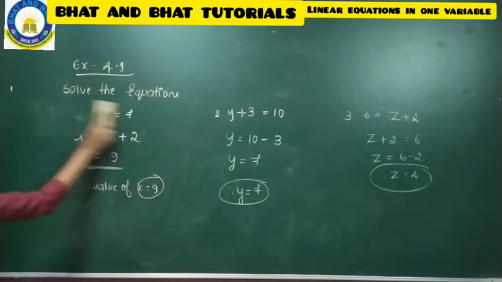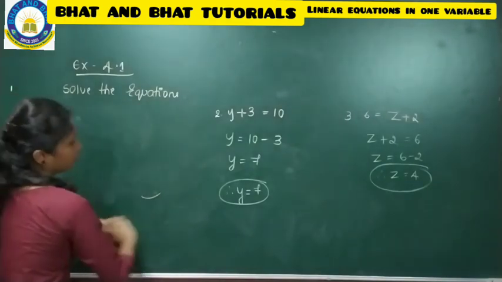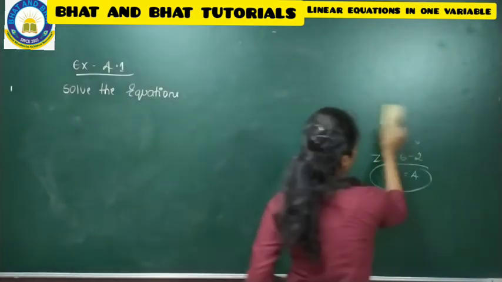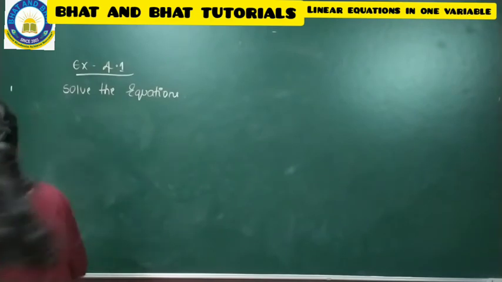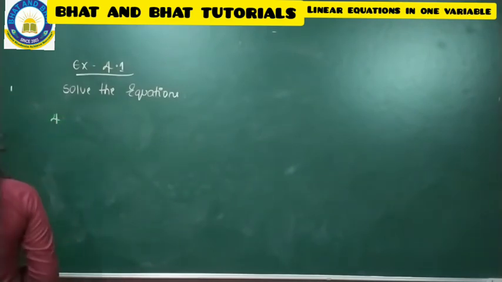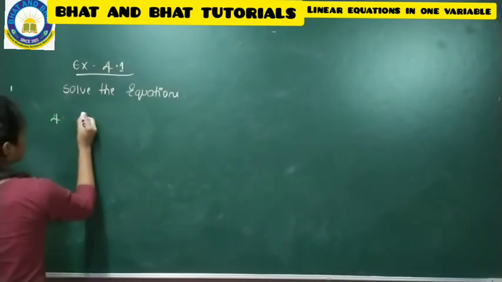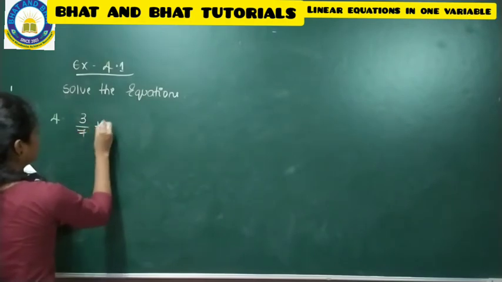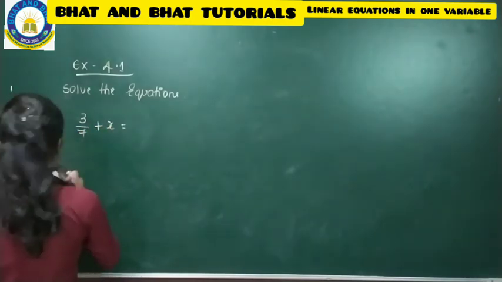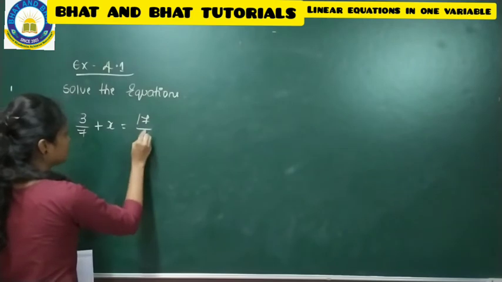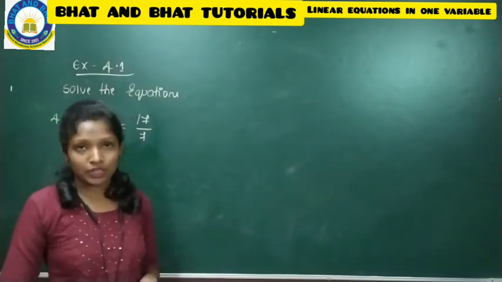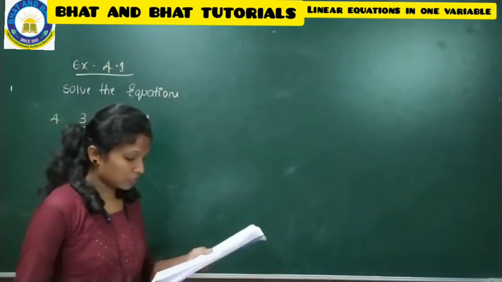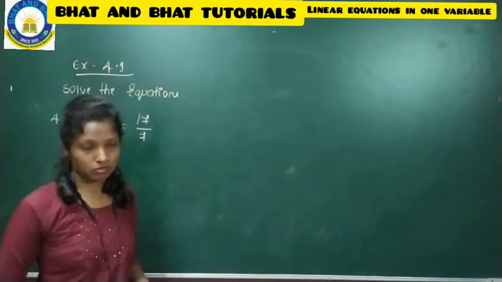Now I'll move on to the fourth question. So you can see the fourth question now. 3 by 7 plus x is equal to 17 by 7. So when they give the numerator as well as denominator, when they give the problems in the fractional format, how to solve that?